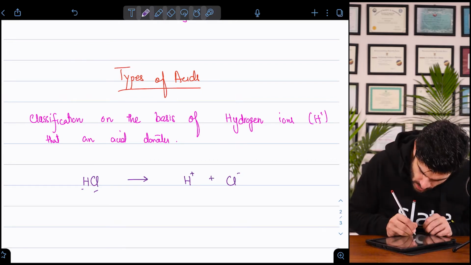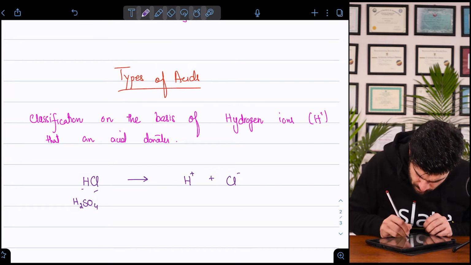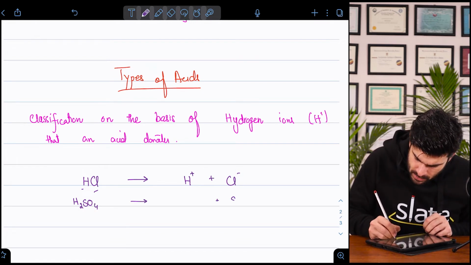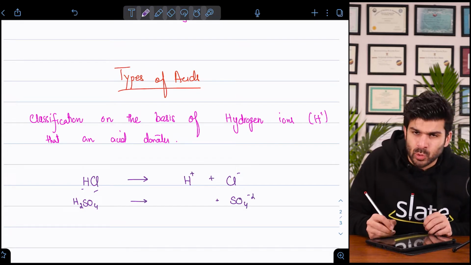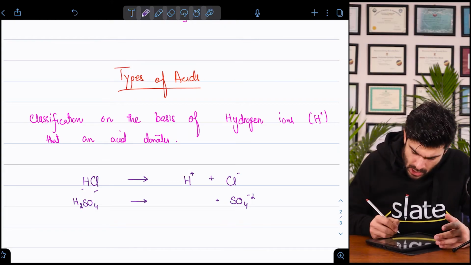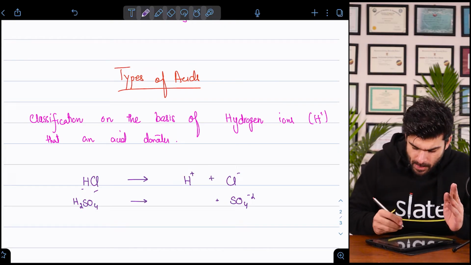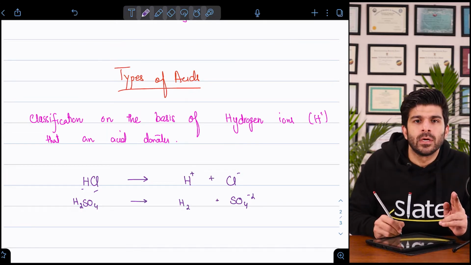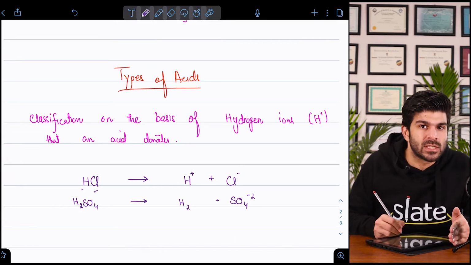Now, likewise, if we use H2SO4, what do we get? This is a common mistake from the students in the very start, but not at the end, because now they know. I'm going to dissociate H2SO4, but will I do it this way? H2, which is hydrogen gas.